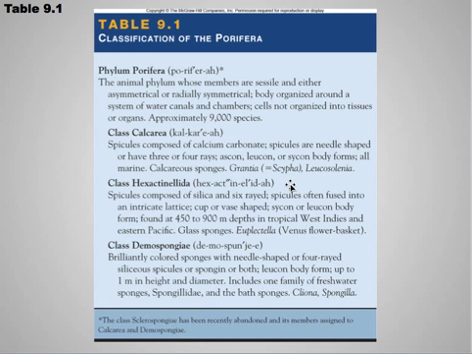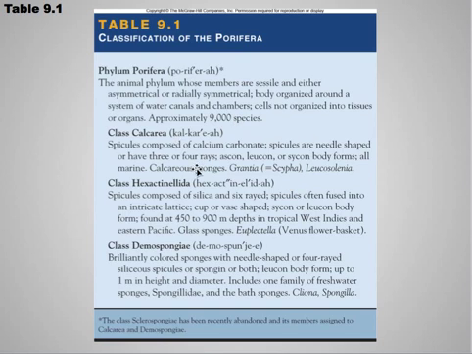Within the sponges, you'll find three distinct classes. These classes are distinguished by the kinds of spicules, so the composition of their spicules.